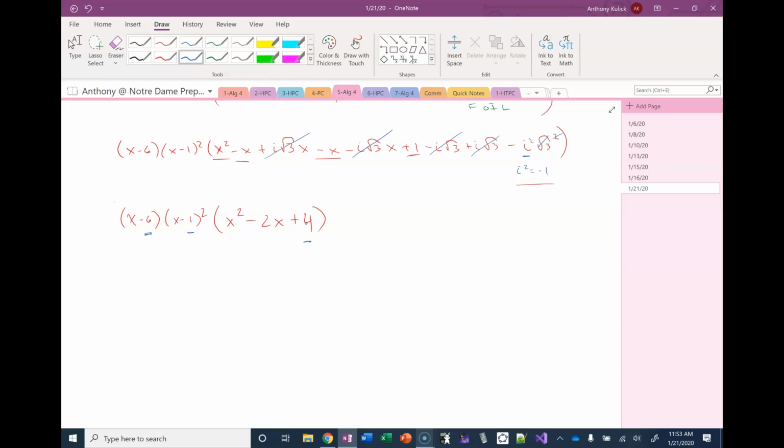It'd have to end with something like 1x or 10x or 15x or whatever. But that would be the last term in my polynomial if there's no constant term. Does everybody agree with that? So what can I do to this to get rid of that constant term?